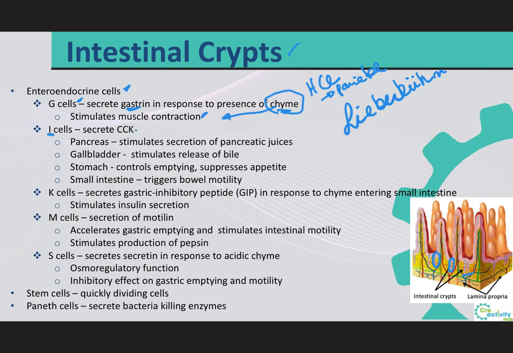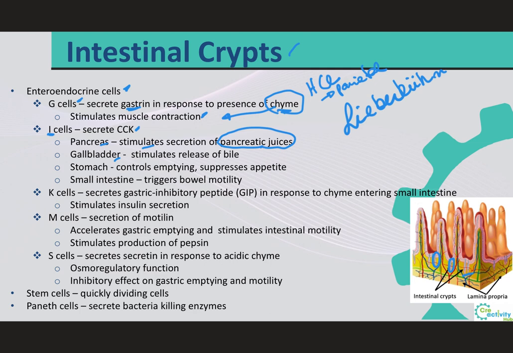Next, we have what we call the I cells. These will secrete cholecystokinin, also known as CCK, and this hormone will act on the pancreas and on the gallbladder. On the pancreas, it will stimulate the secretion of the pancreatic juices, which include the enzymes that will help with the digestion of carbohydrates, fats, and proteins, in addition to the release of bicarbonate ions that will help to neutralize the acid from the chyme that is coming from the stomach.